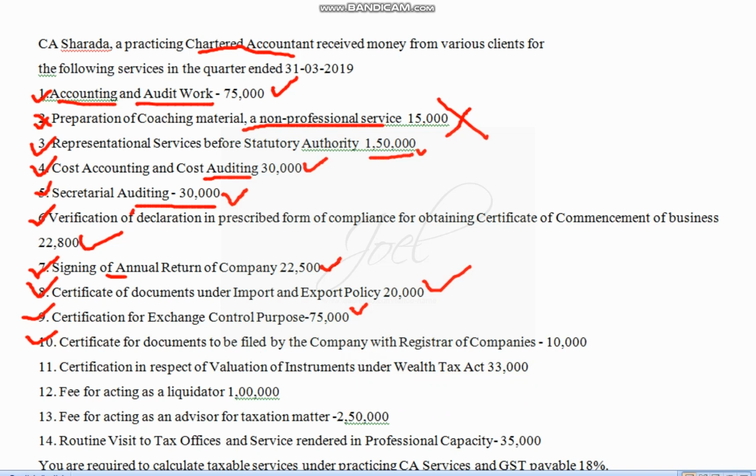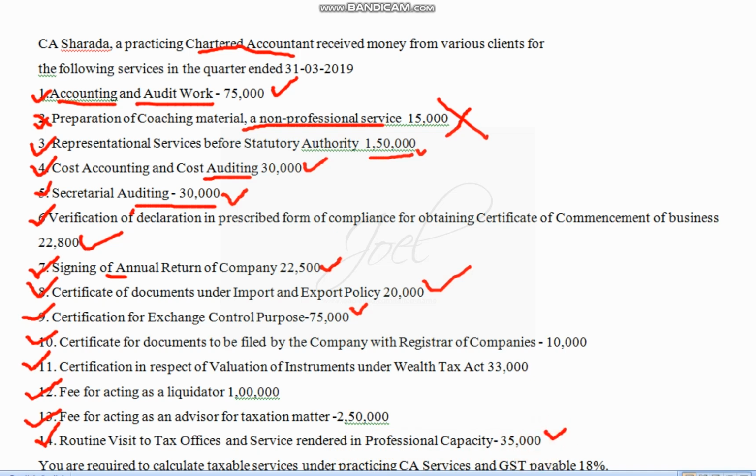Again, this is also not an exempt service, taxable. Fees for acting as a liquidator. They are providing that professional service, that is also taxable. Fees for acting as an advisor for a taxation matter, same, again it is taxable. Routine visit to the tax offices and service rendered in professional capacity, again it is a professional service.